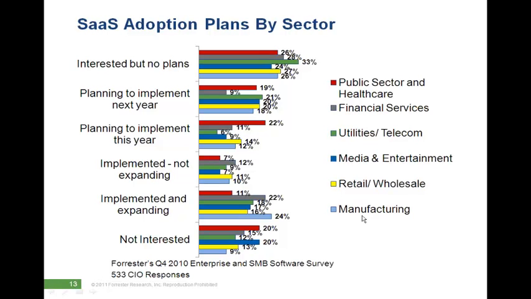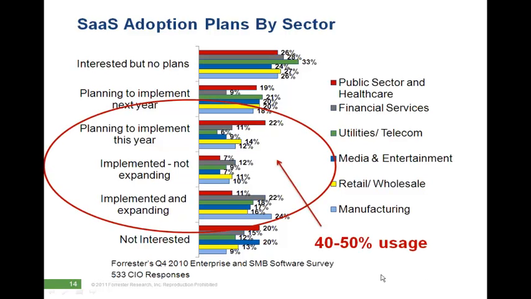The big thing that struck me when I saw this chart is that there's some variance between the different phases of interest and implementation, but overall the differences between sectors were not that great. This tells me there's a lot of commonality in how SaaS-based solutions are being implemented across the full range of sectors.